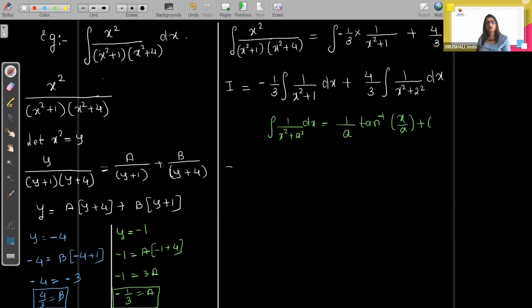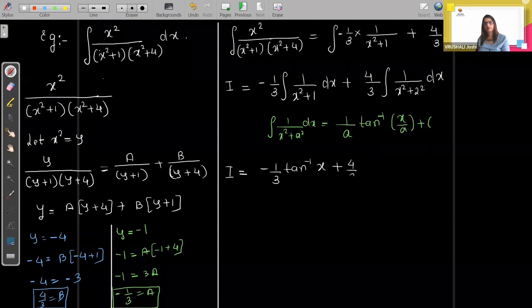So our integration will be now, -1/3 का कितना आएगा? This will be -1/3 tan inverse x/1, करेक्ट, क्योंकि a का वैल्यू 1 है यहाँ पर। ओके, प्लस इंटीग्रेशन इसका कितना आएगा? 4/3 into x/a, because see this is 2 square, correct?